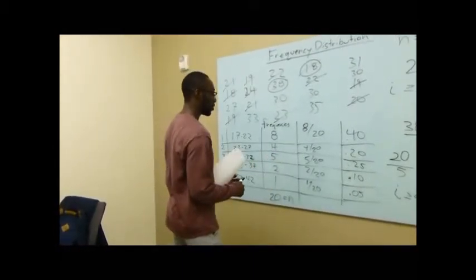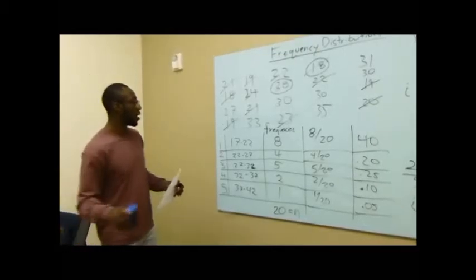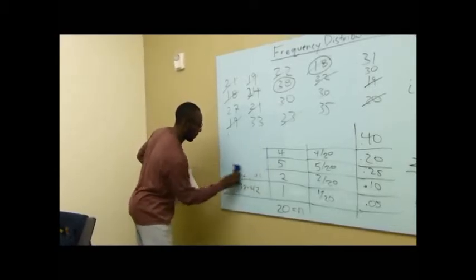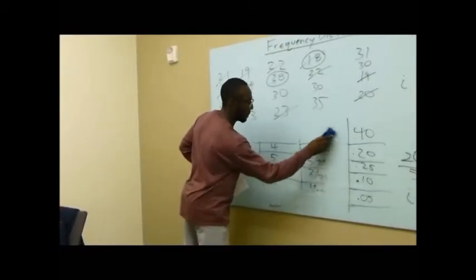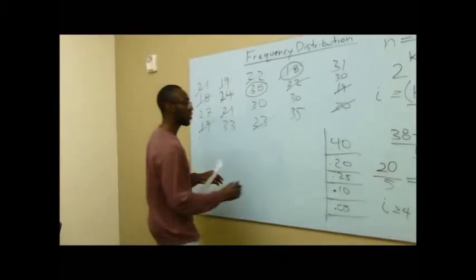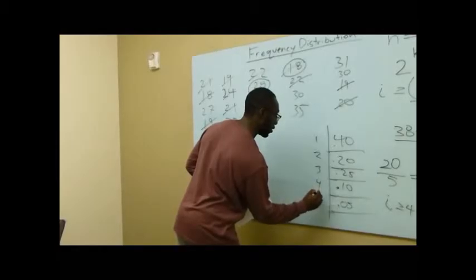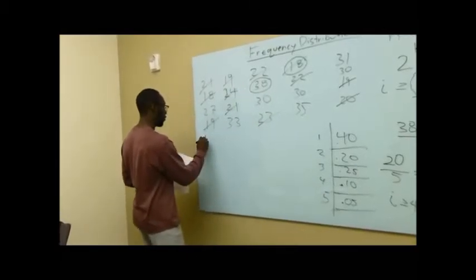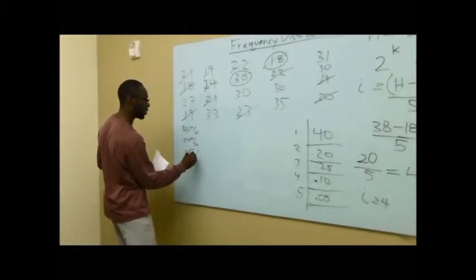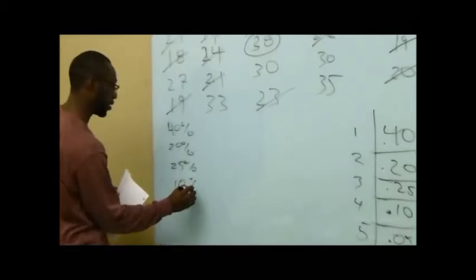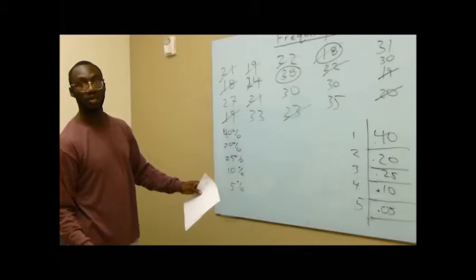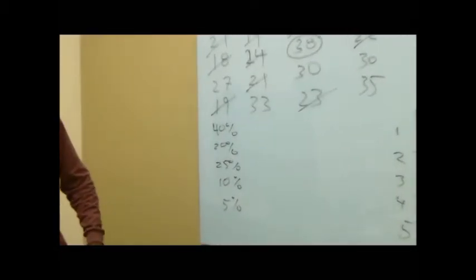When we convert these to percentages, for each of our classes, we have 40%, 20%, 25%, 10%, and 5%. And these are the frequencies associated with our class intervals.